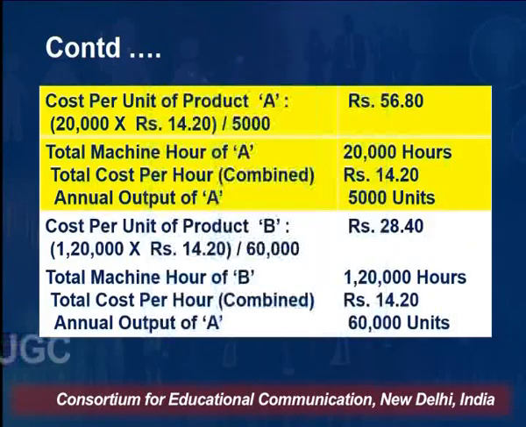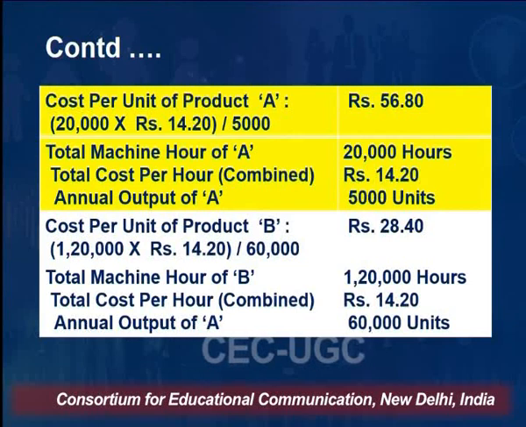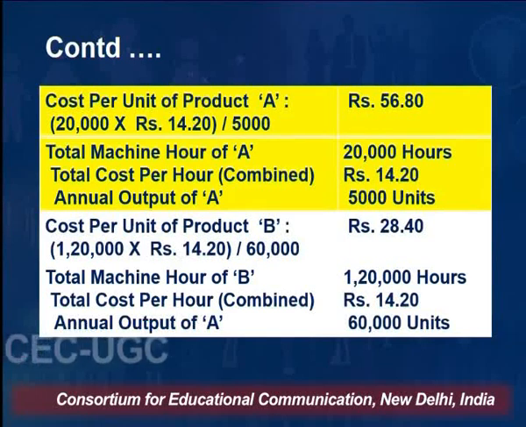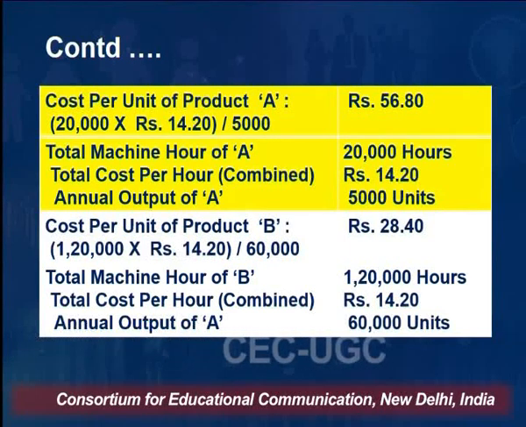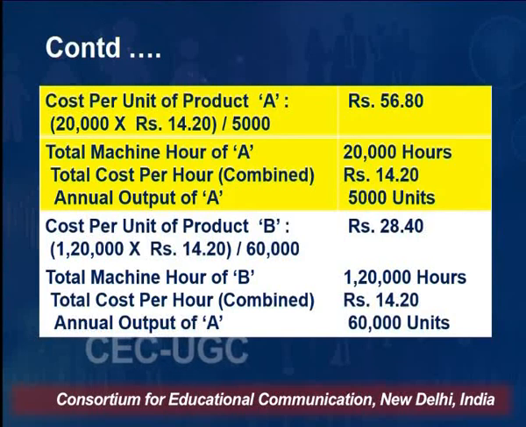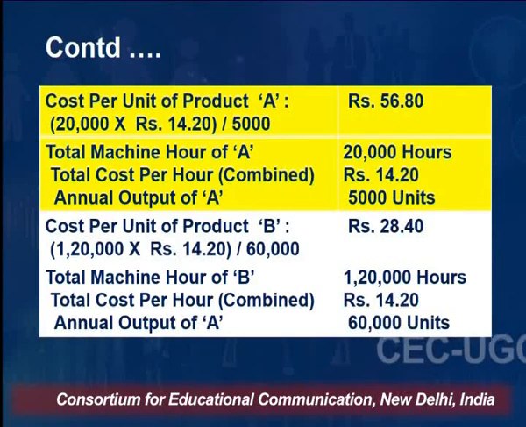So now we shall move on to finding the cost per unit of product A. If I have to calculate, very simple. Since the total number of units for A was 5,000, we first take 20,000 into 14.20. What is 20,000? 20,000 is the total machine hours for A, and the cost per hour, the combined cost, was 14.20. So 20,000 into 14.20. Most of the time students commit a mistake.